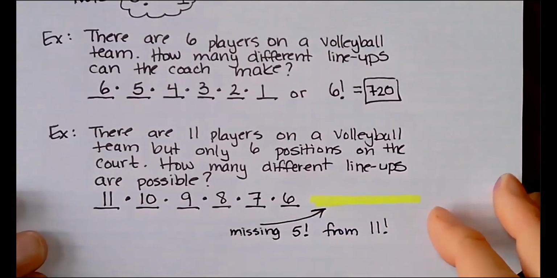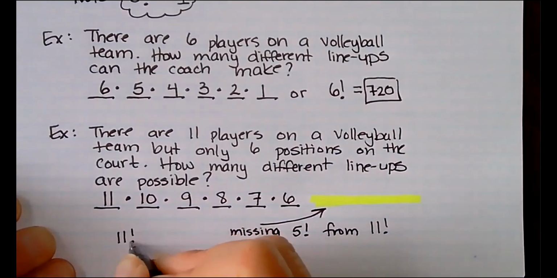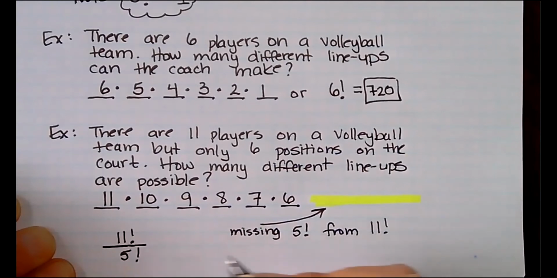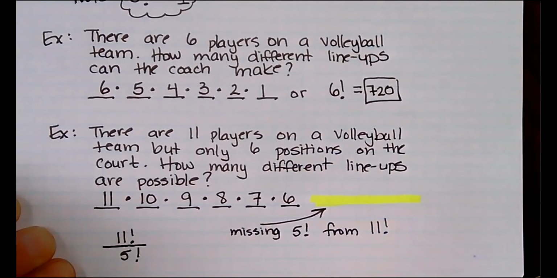So another way to think about the same thing, you can type in 11 factorial over 5 factorial, because what we're doing is taking away the 5, 4, 3, 2, 1 that's missing.